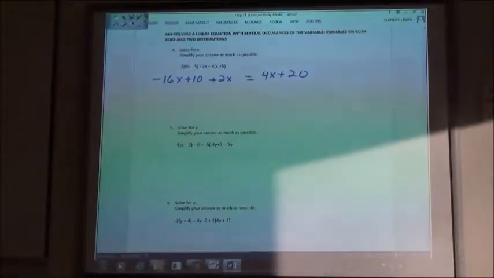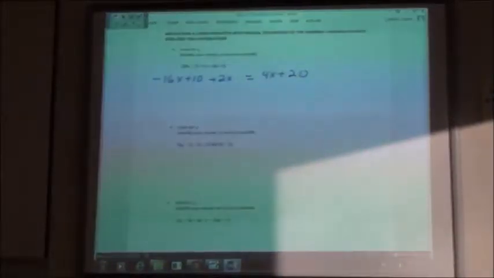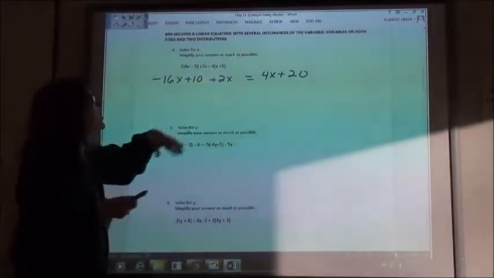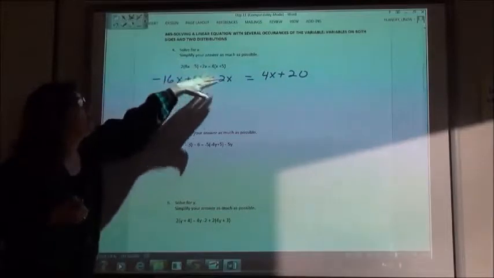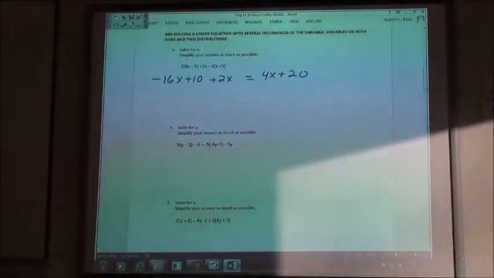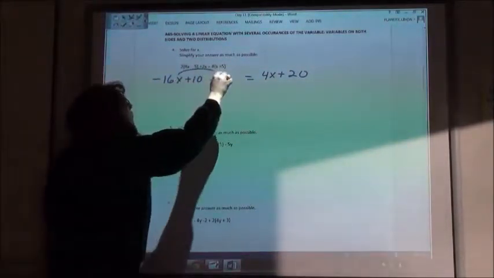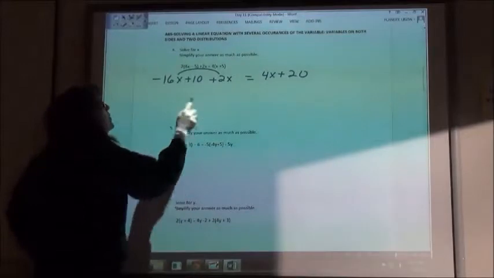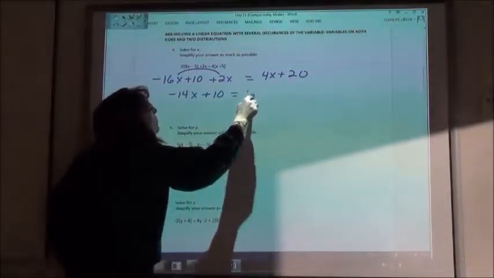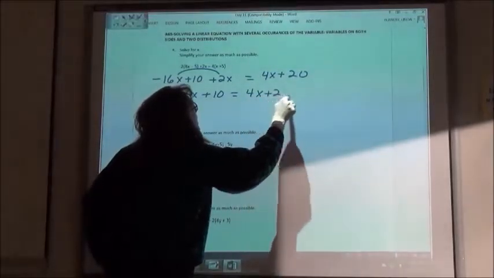Normally they're going to combine their like terms first before they start moving things. So in this case, they're going to put these ones together first. Negative 16 plus 2 would give me negative 14x plus 10 equals 4x plus 20.